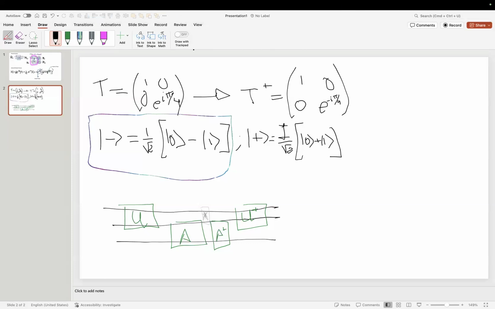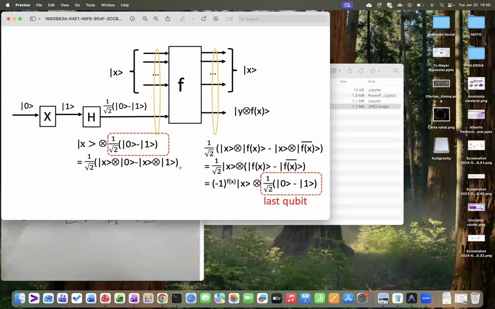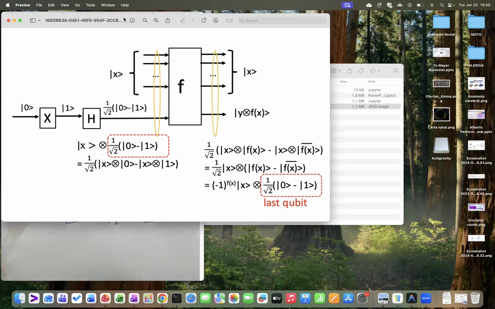On the far right at the bottom, you can see that -1 exponentiated to the function and the 2 qubits. But see that it's a -1, it's not like an exponential.